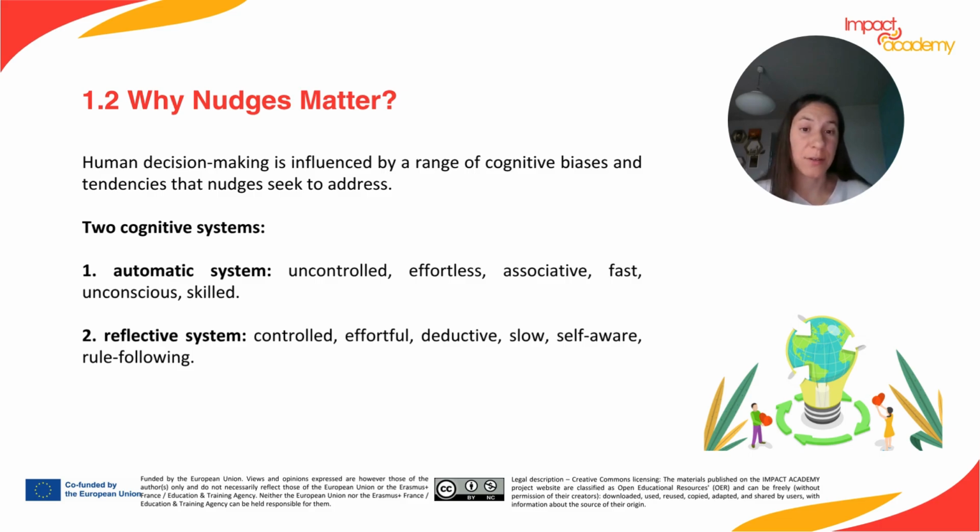According to this theory, we have two cognitive systems: the automatic system, uncontrolled, effortless, associative, fast, unconscious, and skilled, and the reflective system, that is controlled, effortful, deductive, slow, and self-aware. That's why nudges matter, because human decision making is influenced by a range of cognitive biases and tendencies that nudges seek to address.